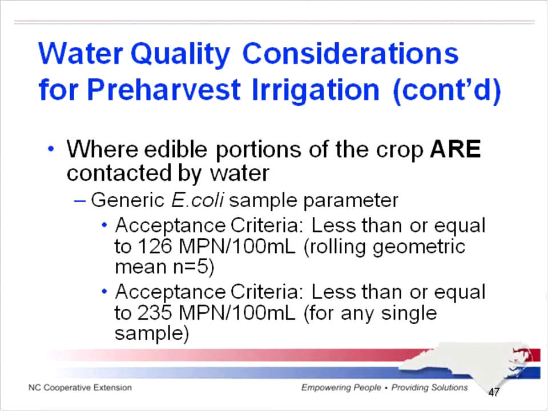Where the edible portion of the crop is in contact with the irrigation water, for example, overhead irrigation onto leafy greens, the acceptance criteria is less than 126 MPN for this rolling geometric mean, and any single event should be less than 235 MPN. Any single sample should be less than 235.